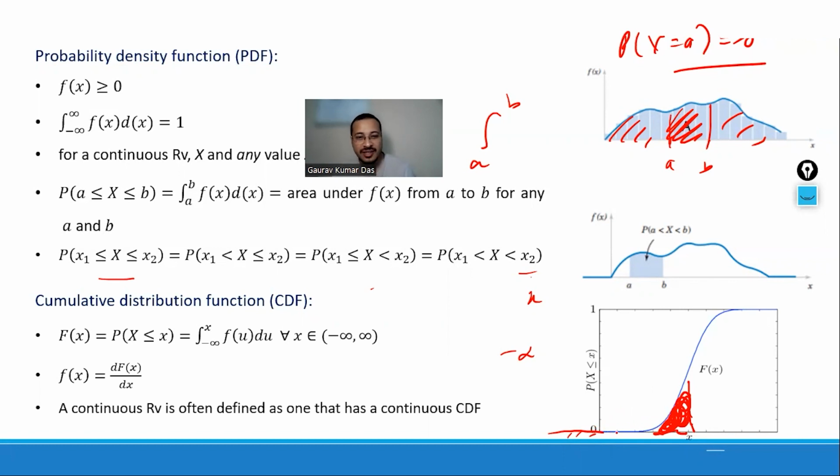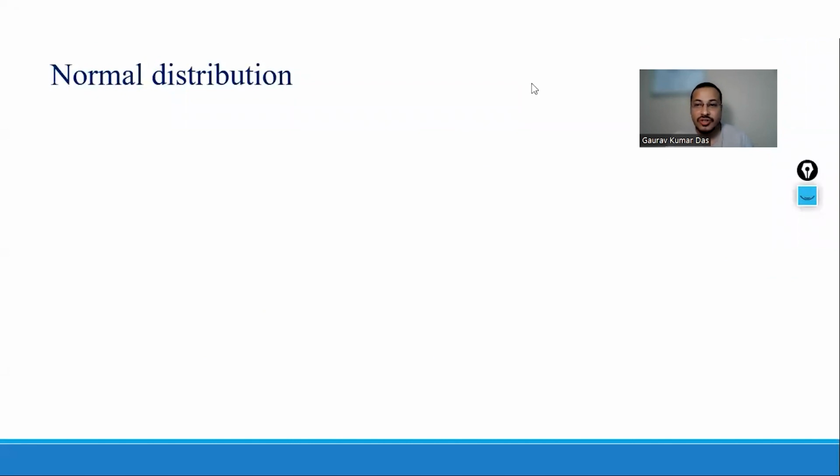So this is also an interval, minus infinity to X, or 0 to X, same thing. For cumulative, it will be from minus infinity if your random variable can take negative values, or from 0 to X if it's all positive values. Clear? Okay. So the first continuous distribution which we are going to cover today is the normal distribution.